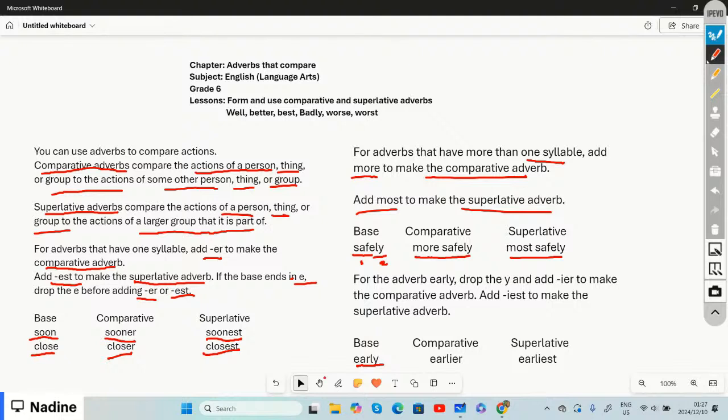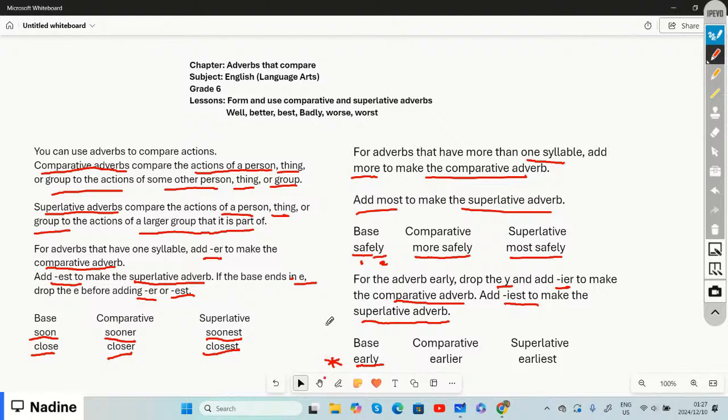If we have an adverb ending in Y, then we're going to drop the Y and add the IER to make the comparative adverb. And we do the same: we drop the Y and add the IEST to make the superlative adverb. For example, we have early, two syllables, that ends with a Y. If we were to show our comparative adverb, then it is earlier.